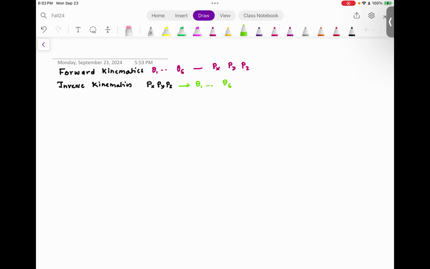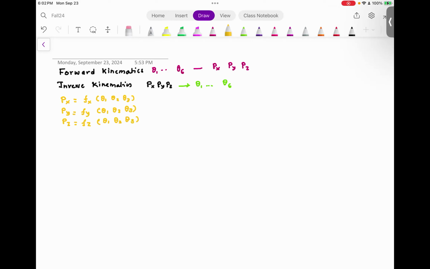Now remember, if you have three unknowns and three knowns, so you have an equation for px, an equation for py, and an equation for pz, and these expressions are maybe f of x (theta 1, theta 2, theta 3), f of y (theta 1, theta 2, theta 3), f of z (theta 1, theta 2, theta 3).